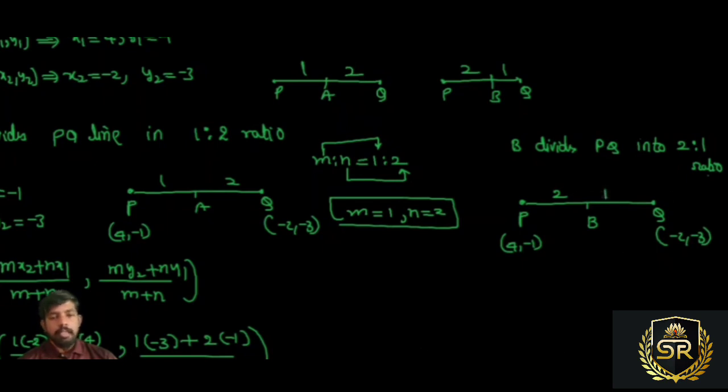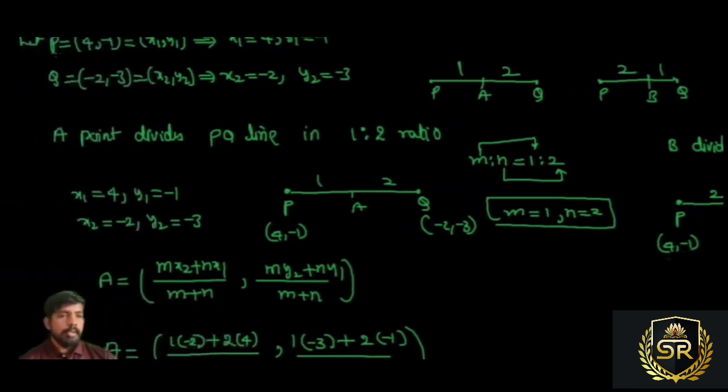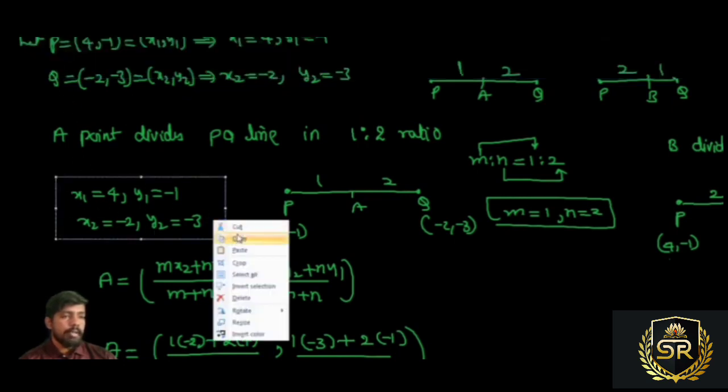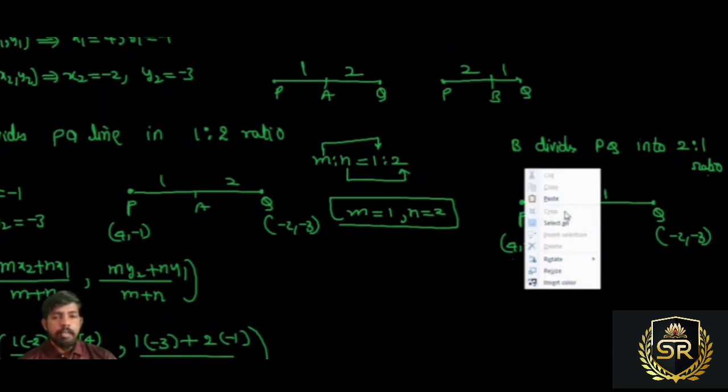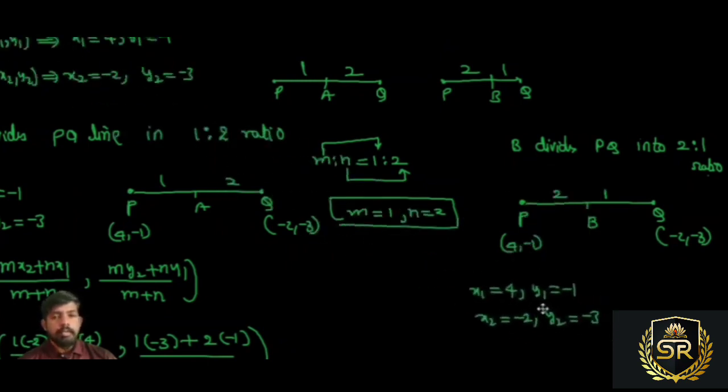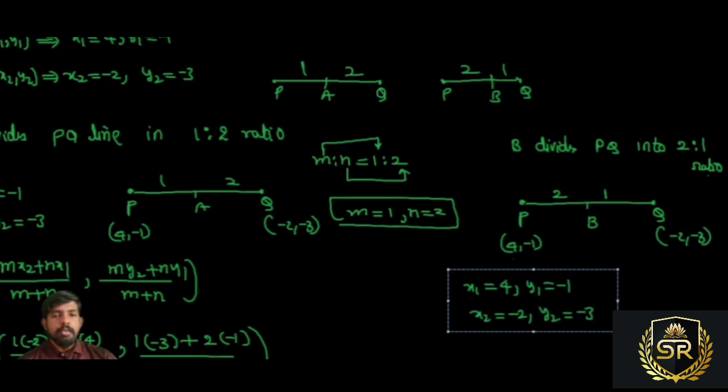Okay, this is the same diagram. So here this is x1, this is y1, same x1 y1, x2 y2, same values. Remember this, I'm using the same x1 y1, x2 y2.